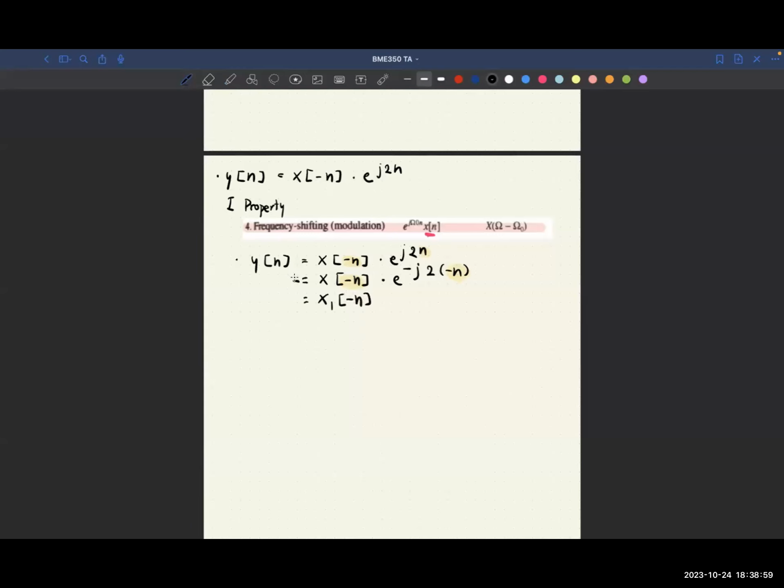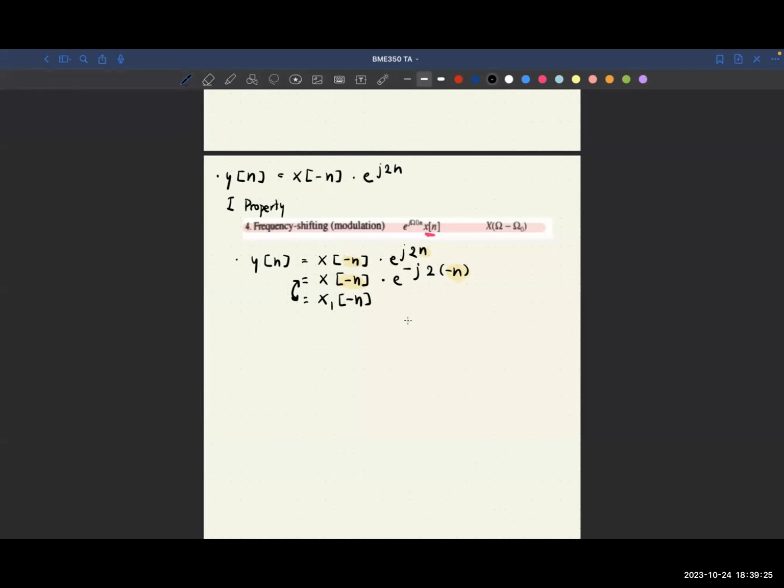The reason why you're not using the time reversal property separately is that you could consider the signal as a frequency shift on the time reversed signal. So you could call x of minus n as x1 of n, where x1 is just a time reversal, and then apply the property to that, and then think of it as a shift to that.